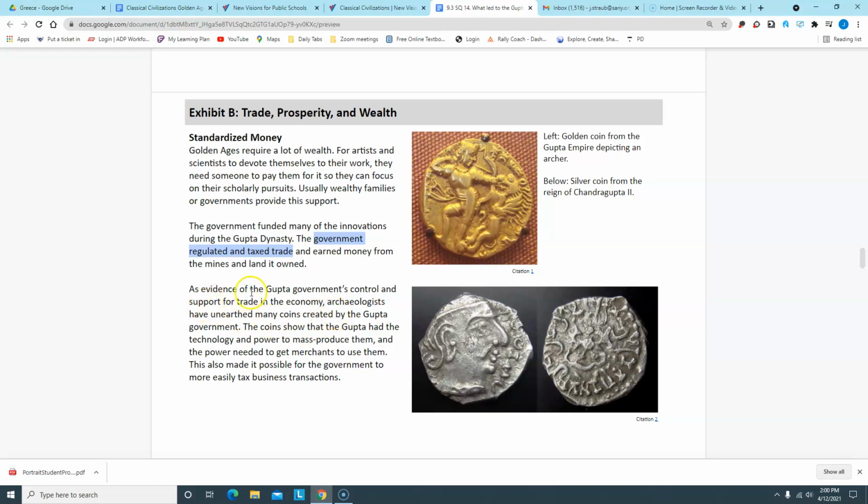As evidence of the government's control, archaeologists have been able to unearth coins created by the Gupta government. The coins show that there was a unified and standardized money system that could lead to trade, prosperity, and wealth. Take a moment now and, in your own words, fill in the chart on Golden Ages for Gupta.